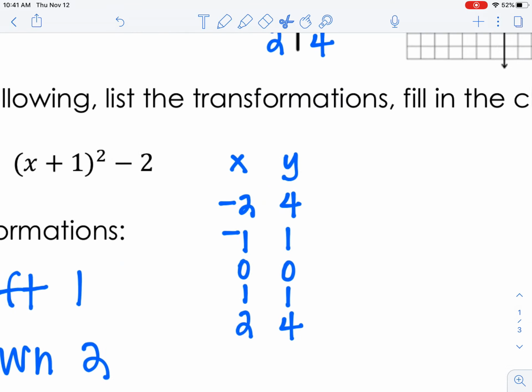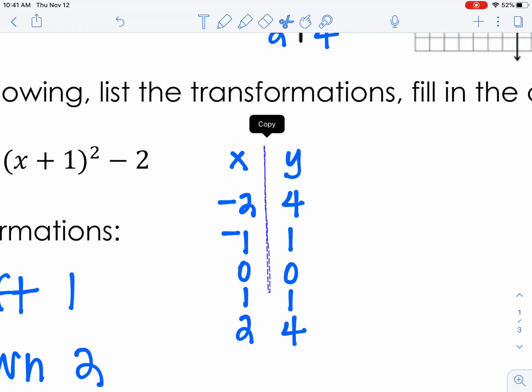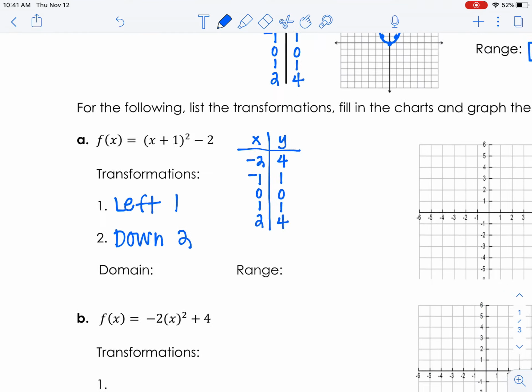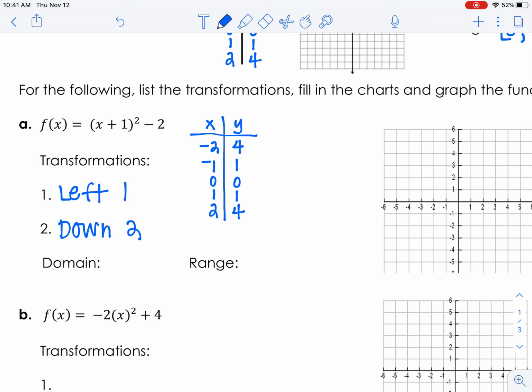Okay, oops, it didn't copy. And then I'm going to move each of those points to the left 1 and down 2. So -2, 4 will go left 1, down 2. -1, 1, left 1, down 2. 0, 0, left 1, down 2, 1, 1, 2, 4.